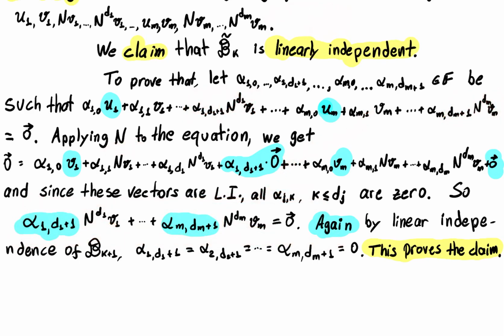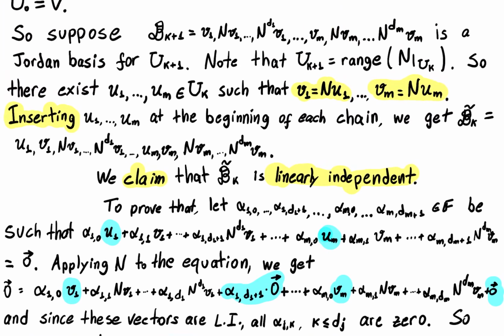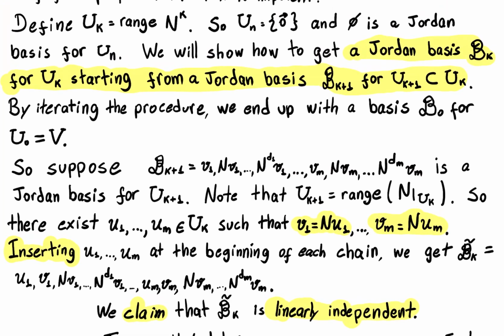So we use linear independence twice. That's the key trick in this proof. So also the last coefficients, this one here and this one here, are all 0. This proves the claim that they are linearly independent. So now let's continue in the next video with how you extend, if necessary, this linearly independent family to get really a basis for U_k, but not just any basis, a Jordan basis.